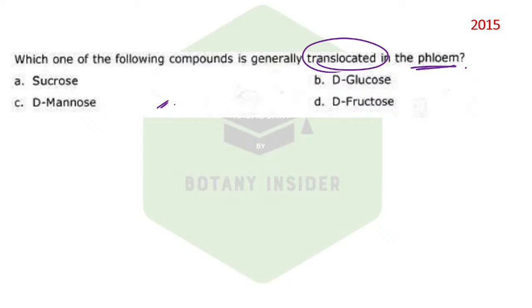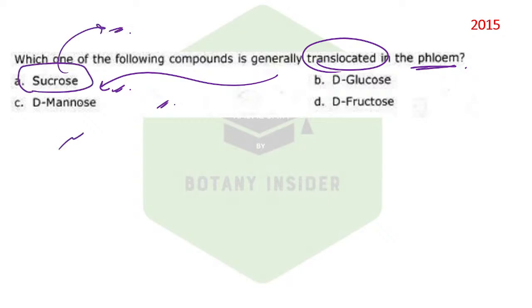Mark the answer quickly, everyone. Yes, the answer will be sucrose. Very simple, it is generally translocated in the phloem. Remember this. So the answer is option A.